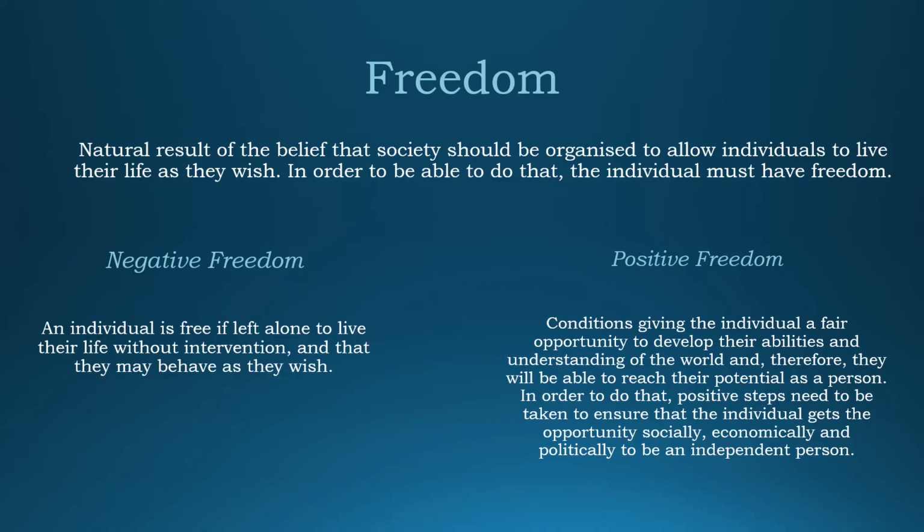Negative freedom is the type of freedom in which classical liberals believe. The idea behind negative freedom is that an individual is free, if left alone, to live their life without intervention, and that they may behave as they wish.